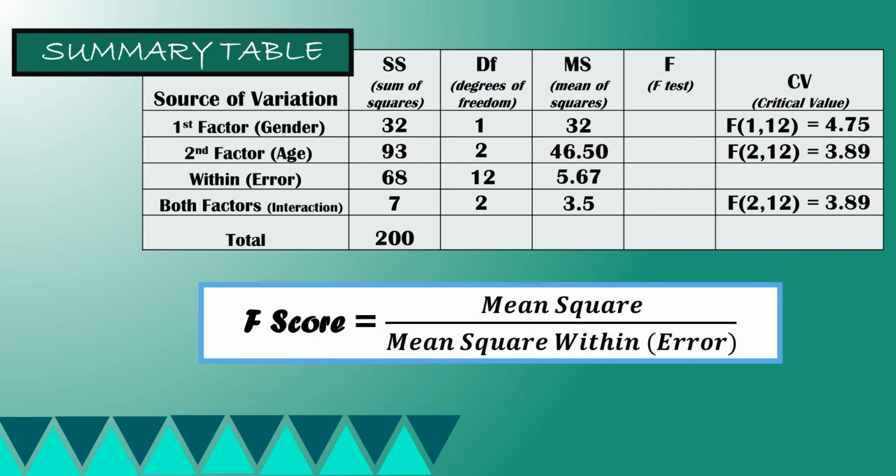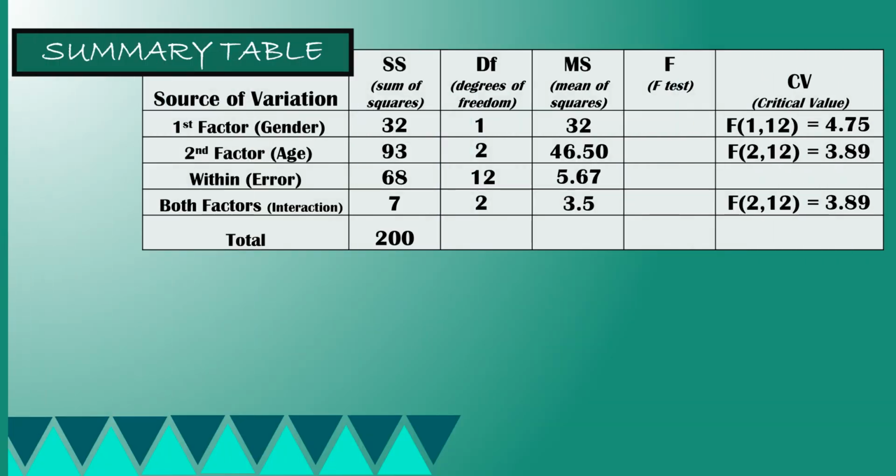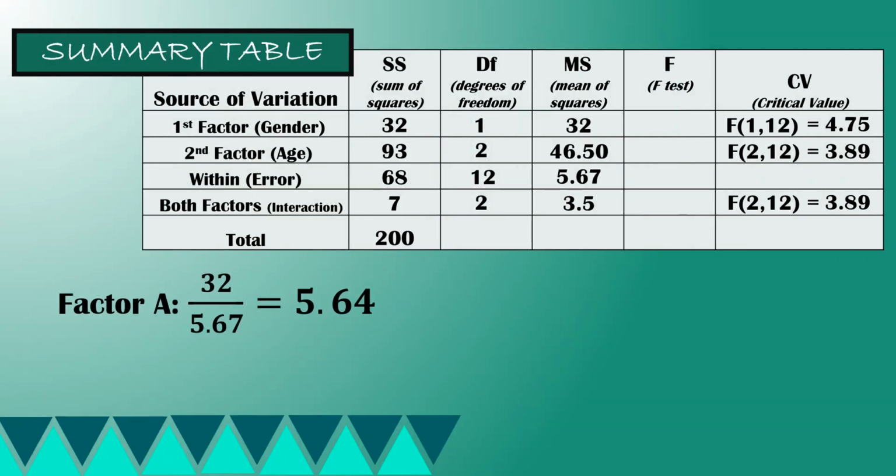Next is the F-test or the F-score. F-score is equal to the mean square divided by the mean square of within or error. For factor A, we have 32 divided by 5.67. 32 is the mean square of the first factor and 5.67 is the mean square of within or error.